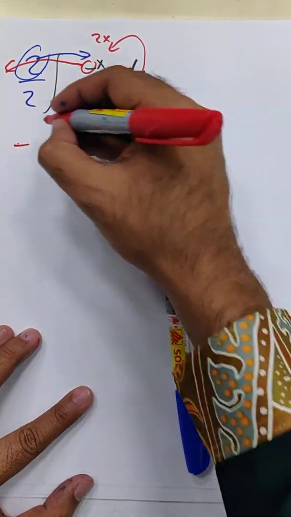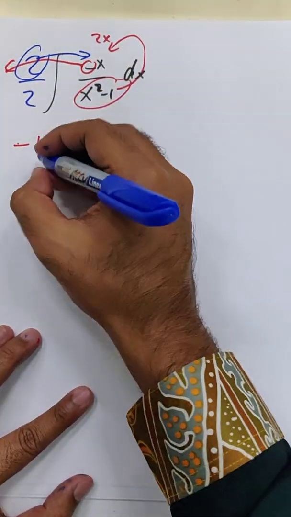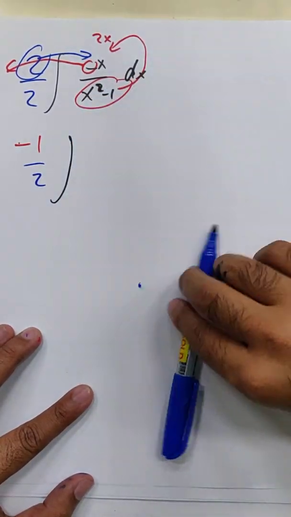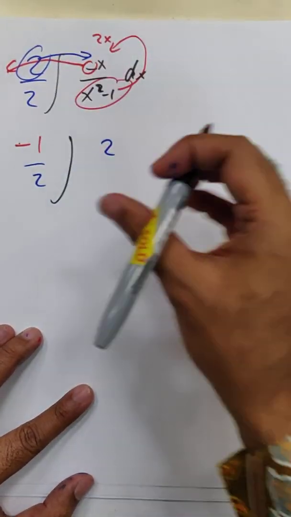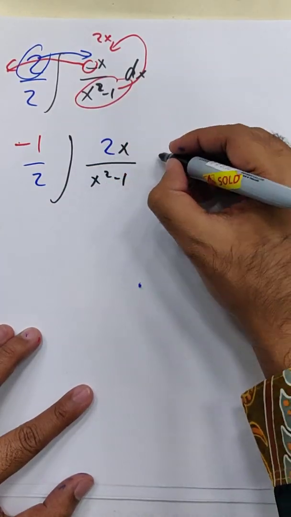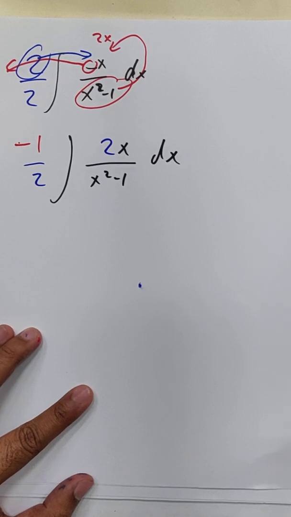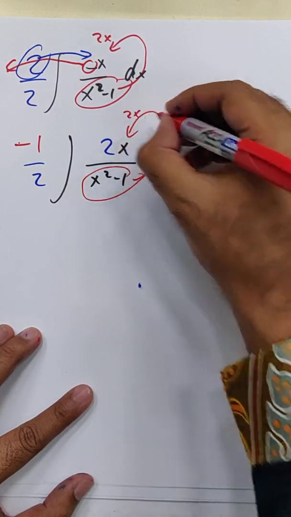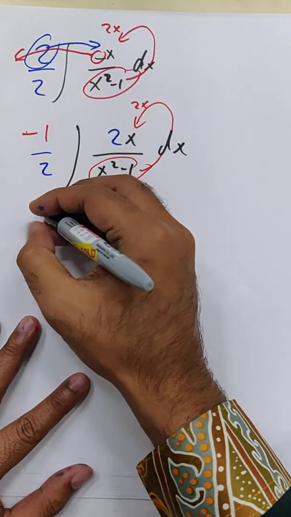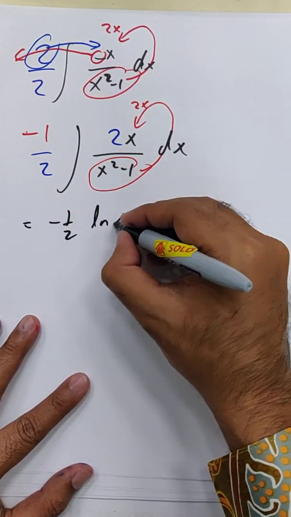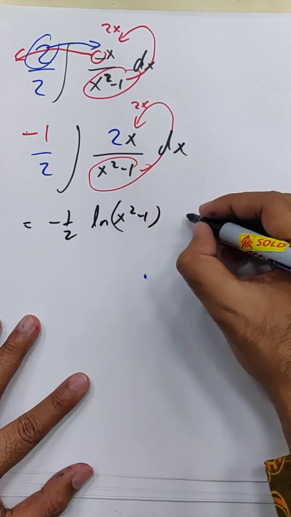So I get myself negative 1 over 2, ln of x squared minus 1. Sorry, I missed the x here. And now if I differentiate here, I get the same as up here. So just negative 1 over 2 ln x squared minus 1 plus c.